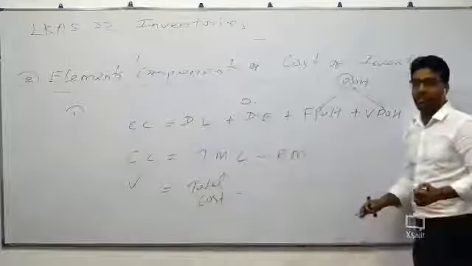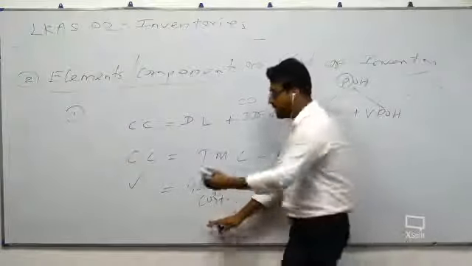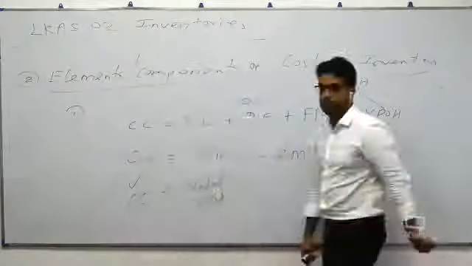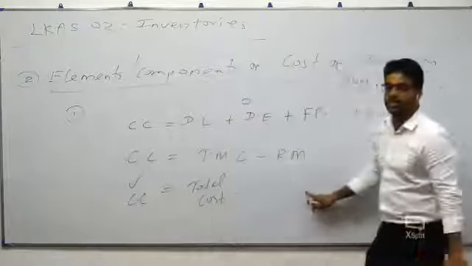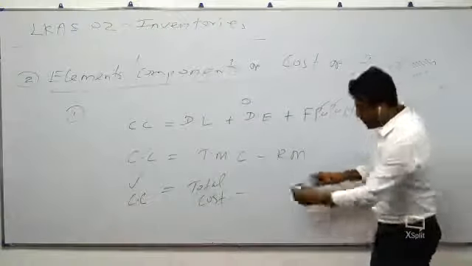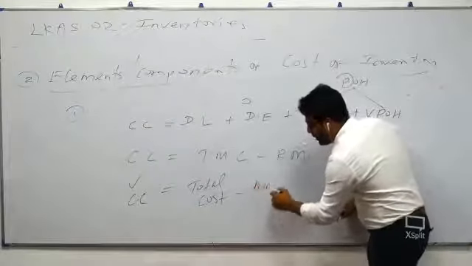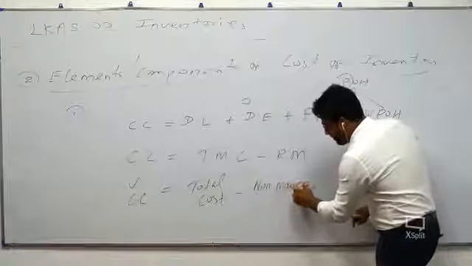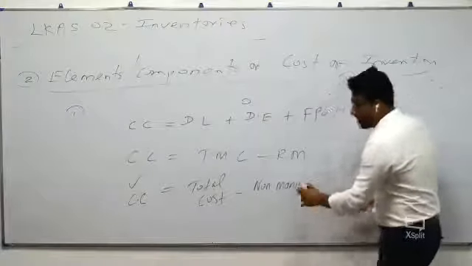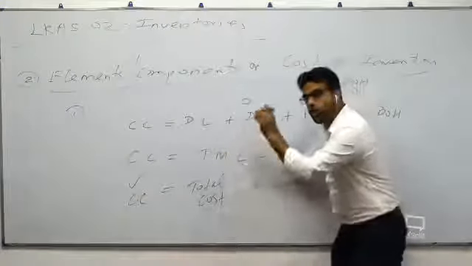Total cost. From the total cost, how do you get the conversion cost? You can remove non-manufacturing overheads. Total cost includes manufacturing and non-manufacturing.